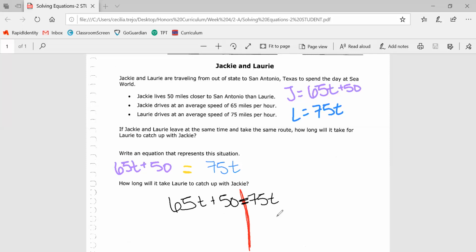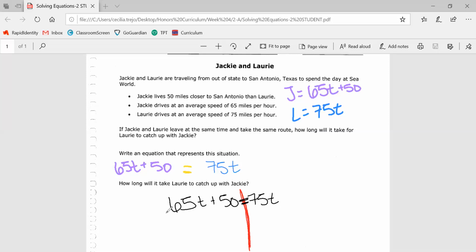So notice I have one term on the right, but two terms on the left. So I'm going to take something from the left side and move it to the right side, because this has more terms than this one. Notice I have our variable here and our variable here. So this is probably the term that I'm going to transfer over to the other side.